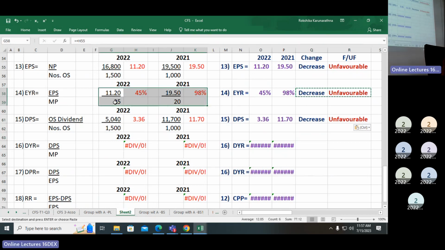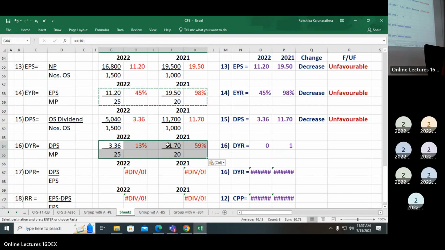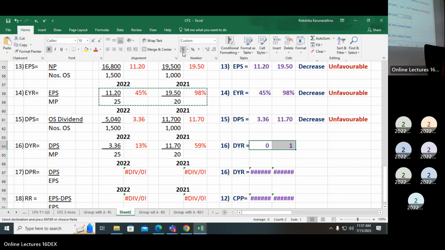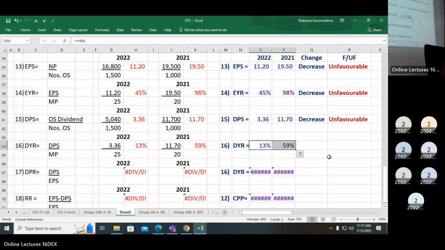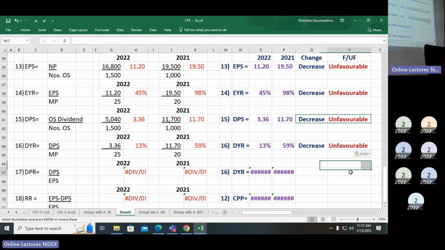Dividend yield: take dividend per share divided by market price. So dividend yield decreased from 59 to 13. So very much unfavorable compared to last year.